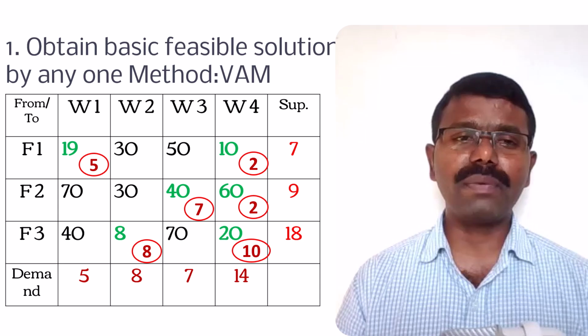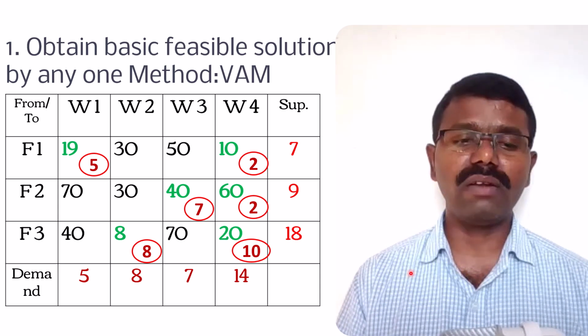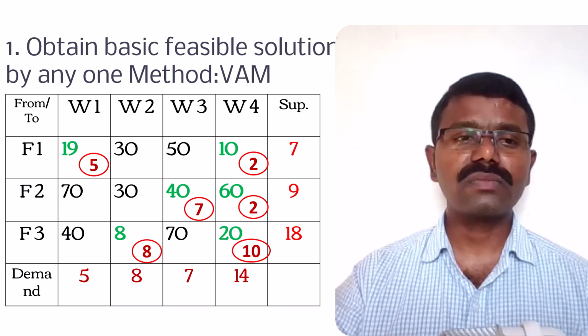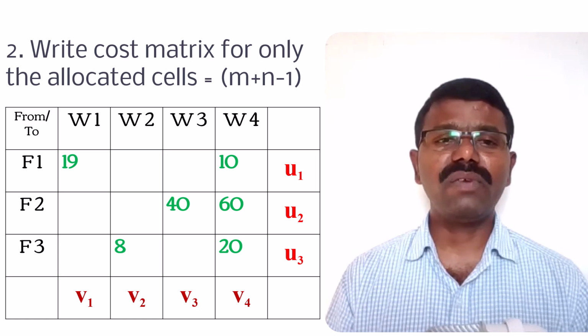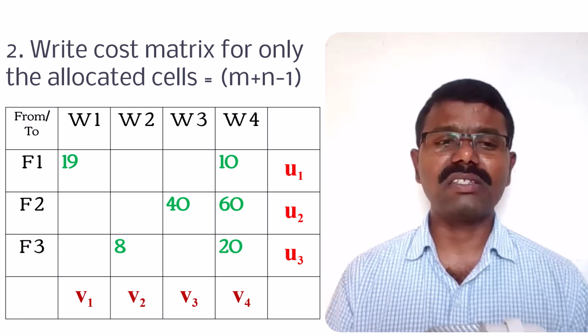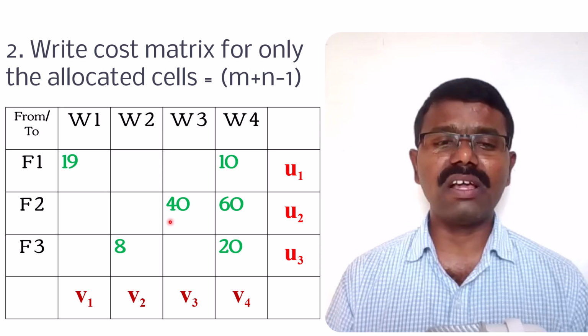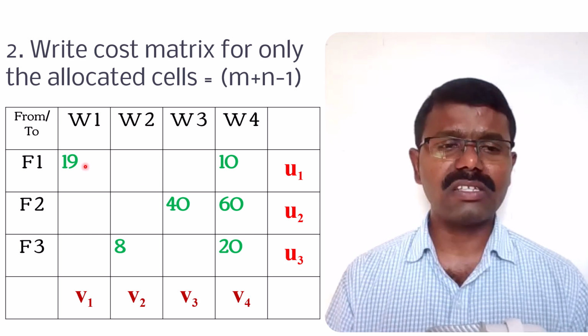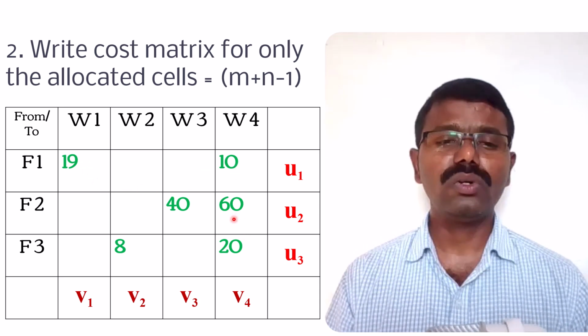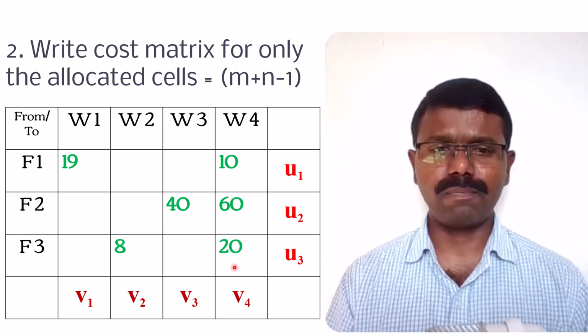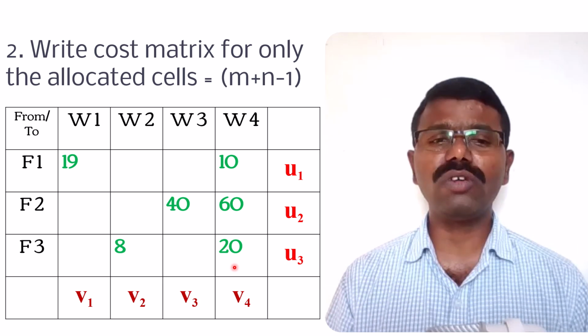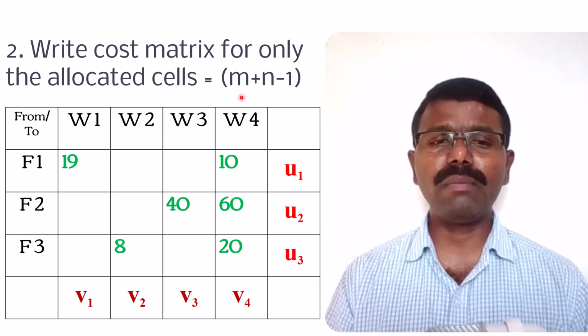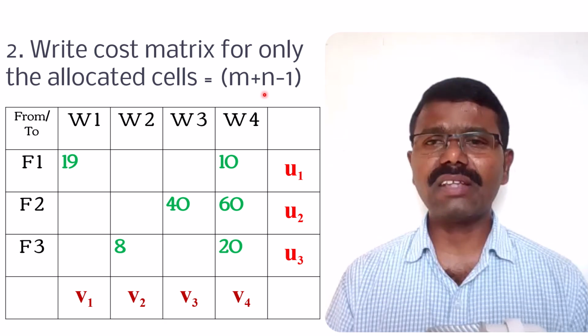Once you obtain this basic feasible solution, the next step is to write the cost matrix for only the allocated cells. Here these are the allocated cells. If you count them, there are 1, 2, 3, 4, 5 and 6 allocated cells, and these 6 should be equal to m plus n minus 1, where m is the number of rows and n is the number of columns.